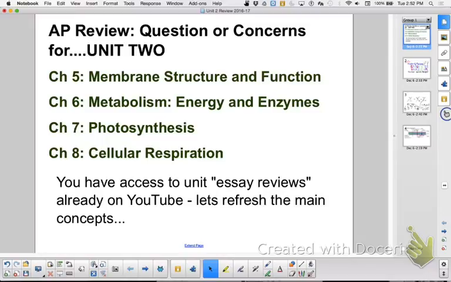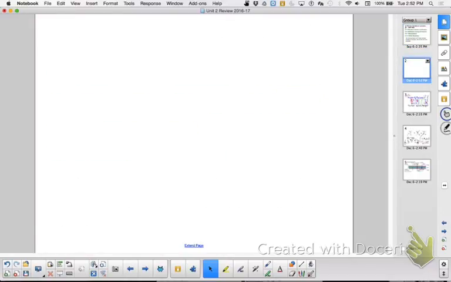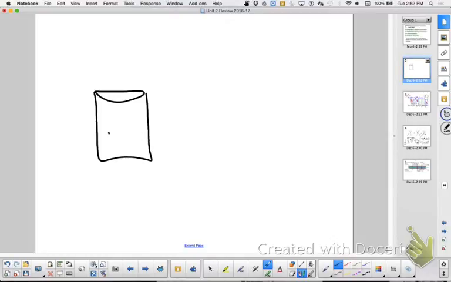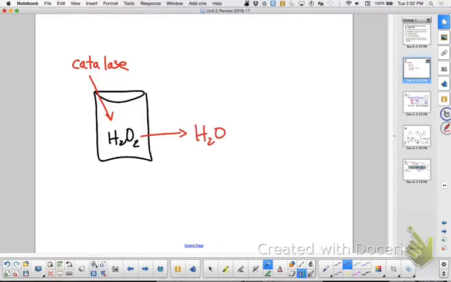What is that lab? Number 2. We took hydrogen peroxide. What did we add to that hydrogen peroxide? We added catalase, which is an enzyme which would convert that hydrogen peroxide to what? Water, which, by the way, looks just like hydrogen peroxide, plus what?